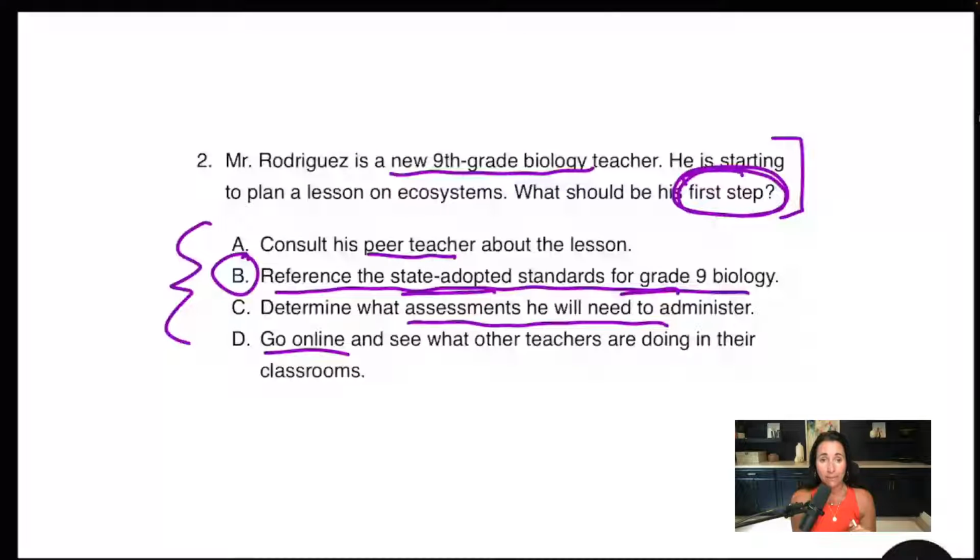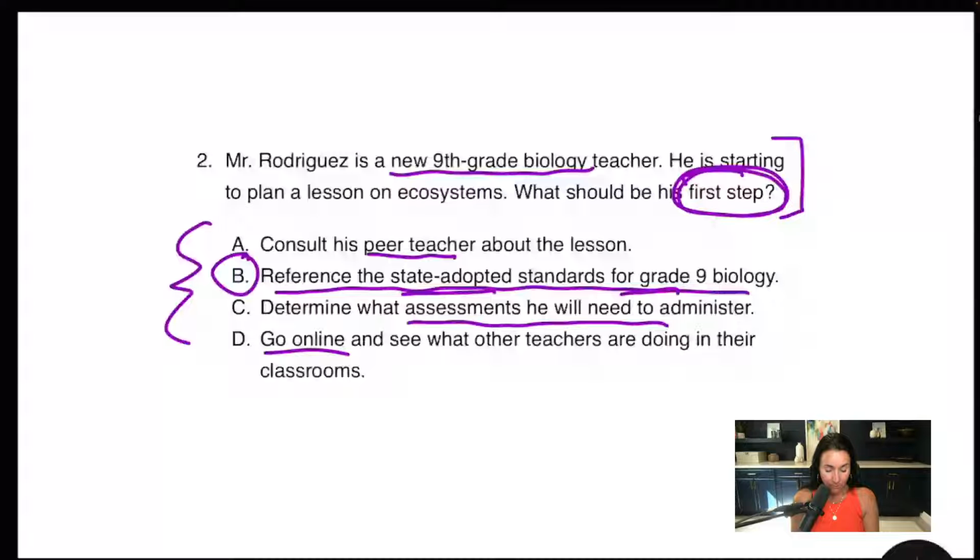Nobody told me anything about the standards. My assistant principal walked in and said, "You're teaching the standards, right?" And I was like, "Oh yeah, totally teaching the standards." I ran to my peer teacher and I'm like, "What are the standards?" And she showed me. I had no idea. And maybe some of you don't even know. You got to reference those state adopted standards. And I have lots of videos on that as well, how to build objectives using the standards and all of that. We'll link that up as well.